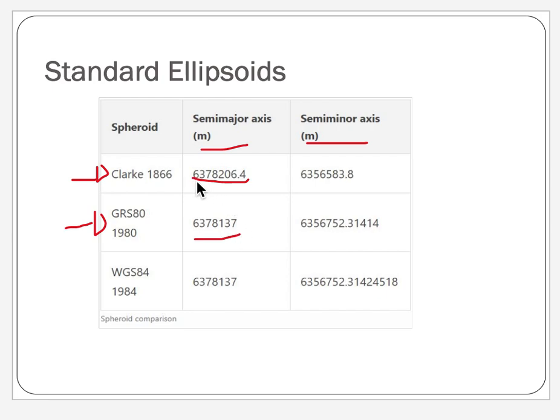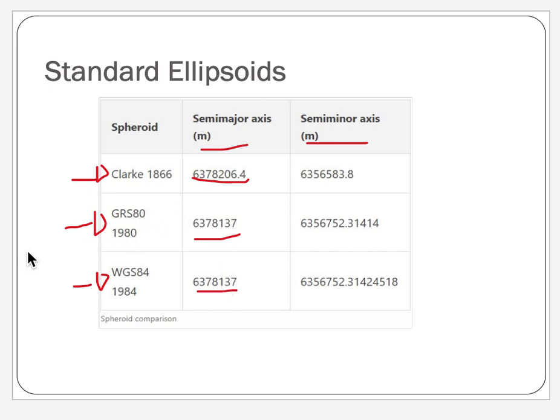So 6,378,206 is the equatorial axis. And for the GRS 80 spheroid or ellipsoid, again, it's used interchangeably, it's 6,378,137. And we could see with this ellipsoid, it's similar to the GRS 1980.